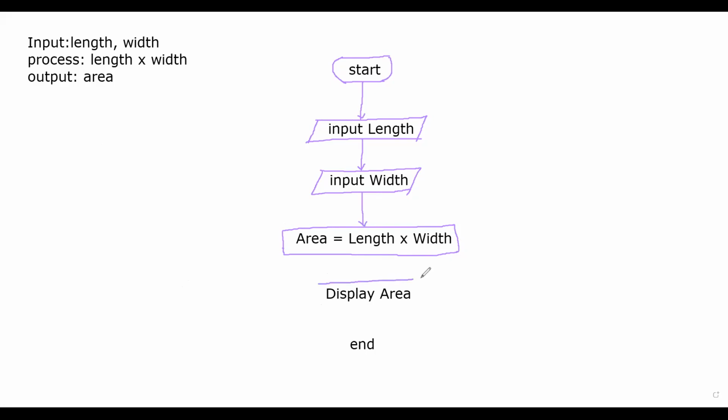Again, output. So the output should be like this. Input, output. You have this parallelogram shape. So that's the display area. Final one, it's the end, same as the start. Then we can end like this.